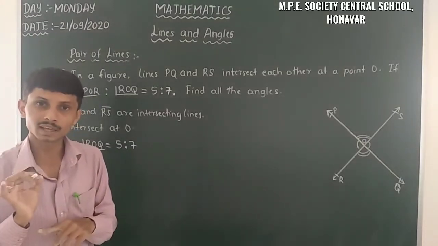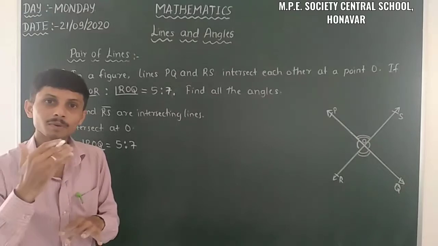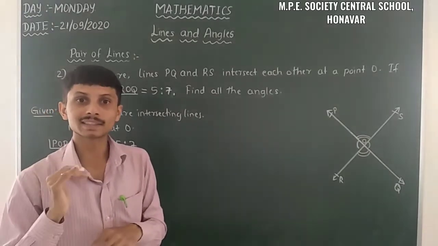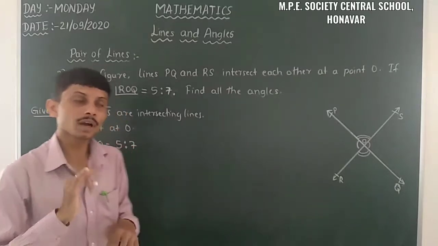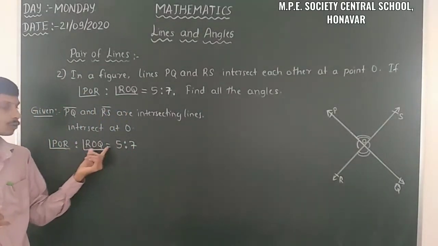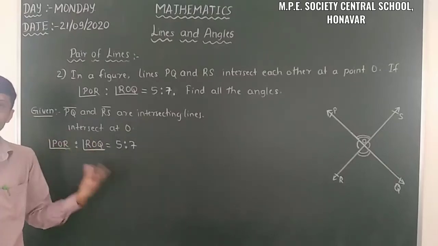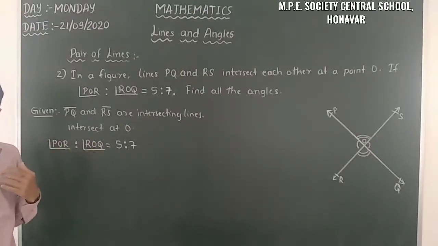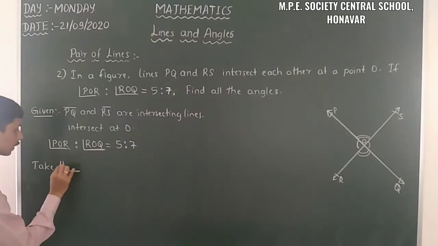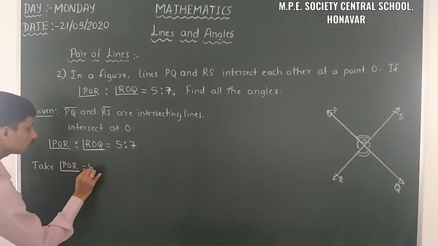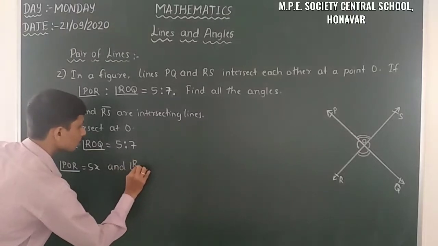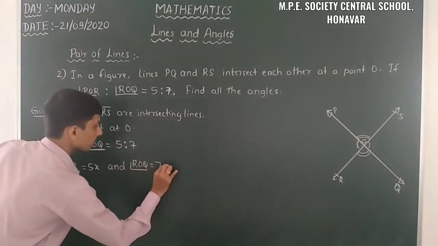Some term is missing, a term common to both, which we take as x. So we take angle POR is equal to 5x and angle ROQ is equal to 7x.